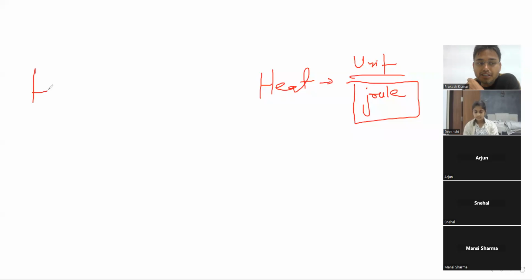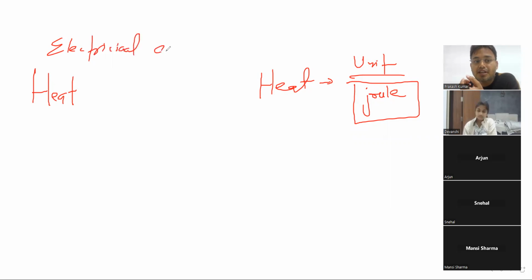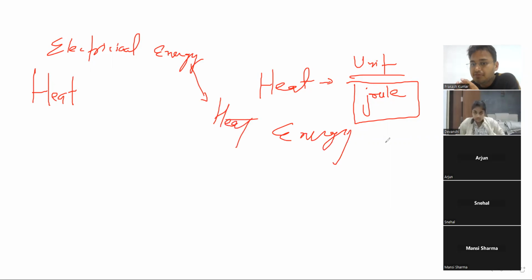Now my point is, if there is some current going on in an electrical component, either a resistance or even a wire, anything, some of the electrical energy gets converted into heat energy, right?